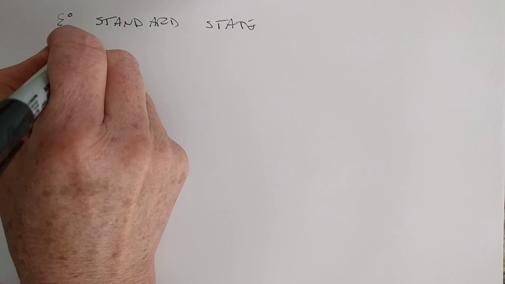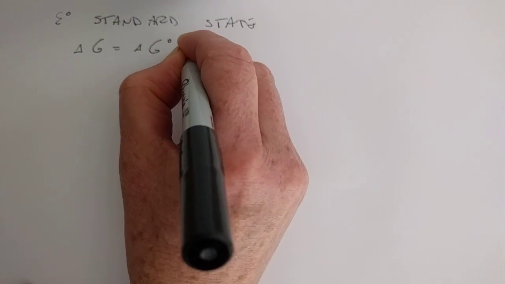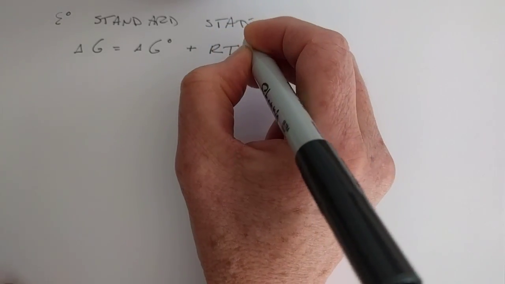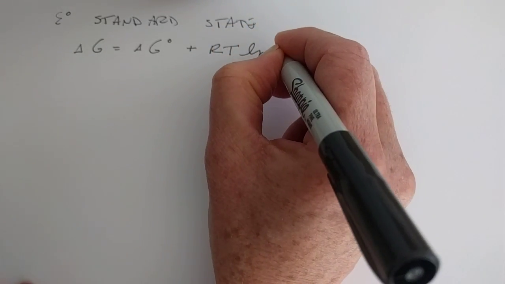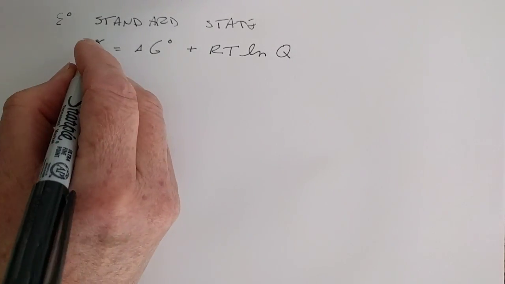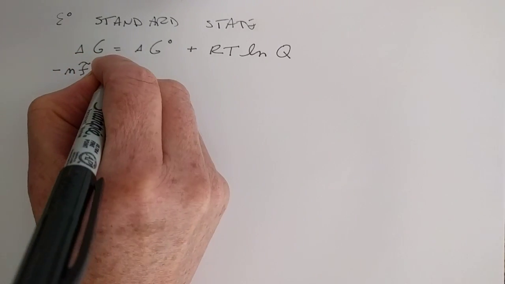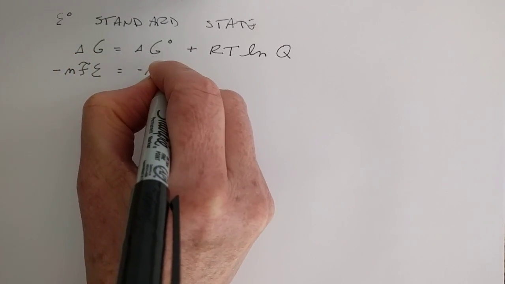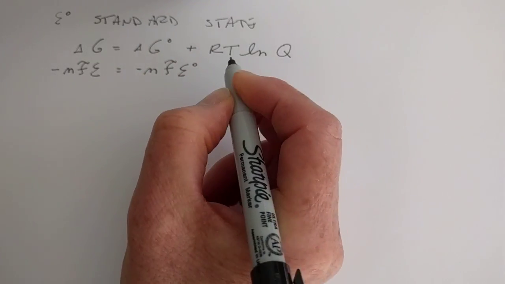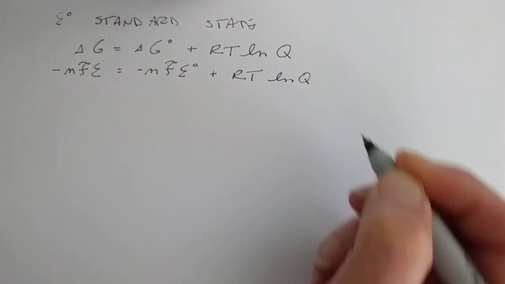We already have seen that delta G equals delta G0 plus RT ln Q. Now we're just going to substitute in because we know that delta G equals negative NFE. So negative N, Faraday's constant, E equals negative N, Faraday's constant, E0, plus RT ln Q.